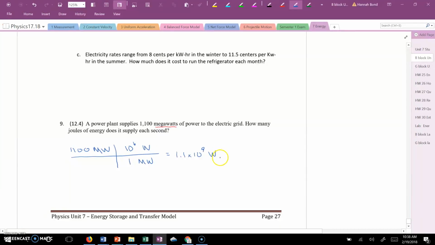And so we'd like to know how many joules of energy it's giving us every second. Well, we know that 1 watt is 1 joule per second, and so that must be 1.1 times 10 to the 9th joules every second that are being provided by this power plant.